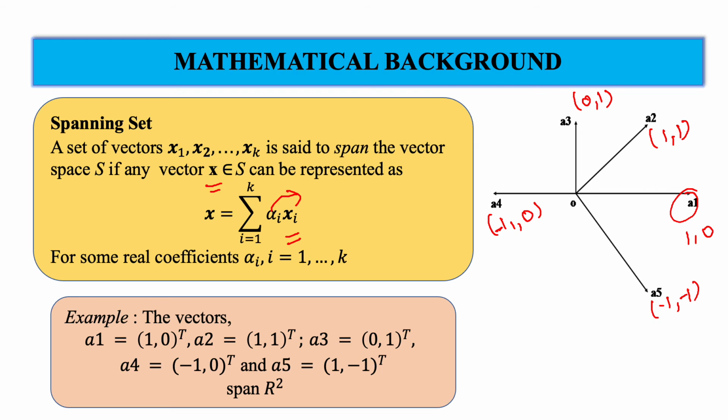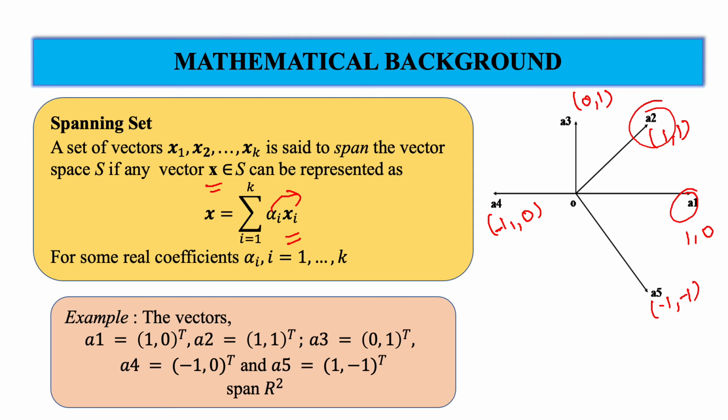These are 5 vectors in 2-dimensional space and they span the 2-dimensional space of real numbers. What it means is that you take any vector in this space, and that vector can always be represented as a linear combination of these vectors.